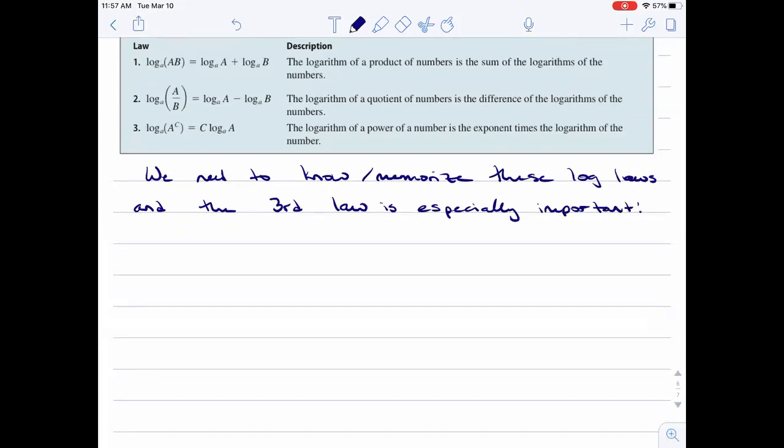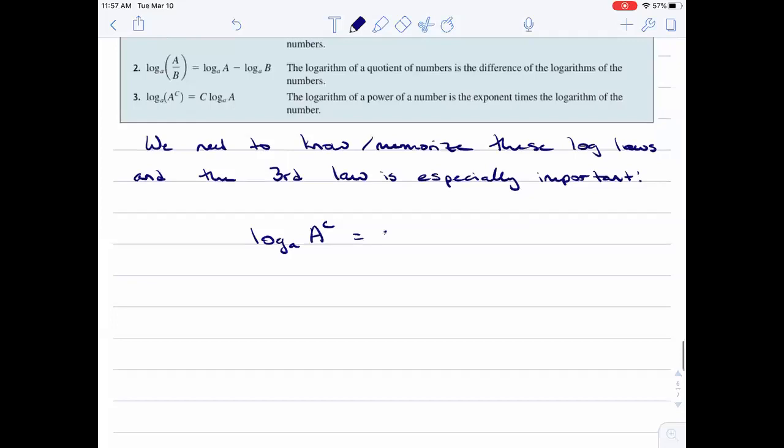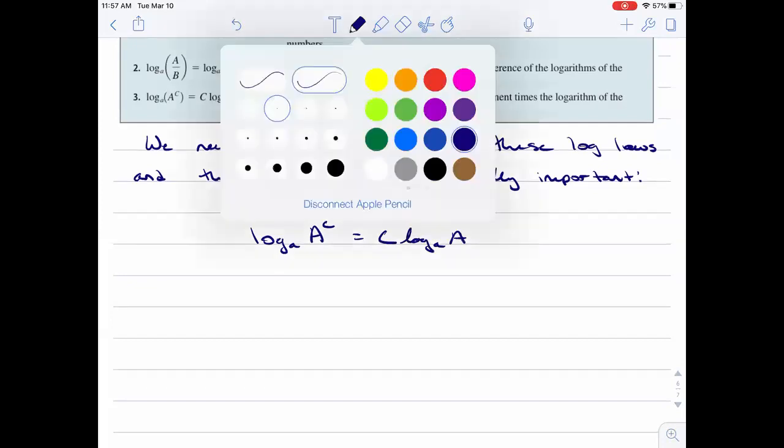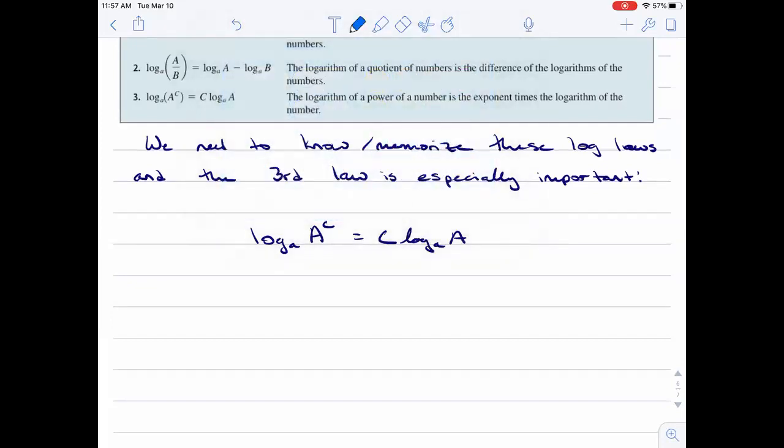The fact that the log base a of a to the power of c is the same as c times the log base a of a. Essentially, right, we've had this c and it just gets dropped in front.